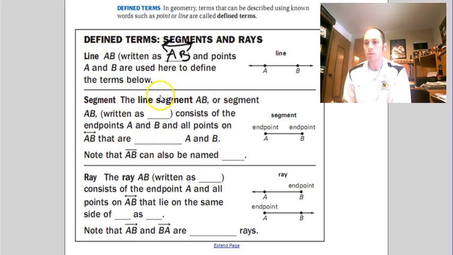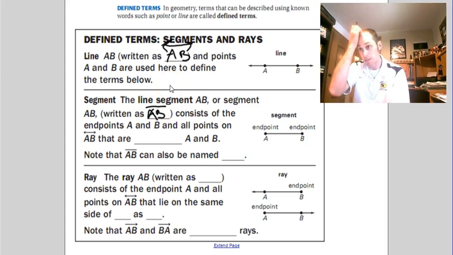But when we get to a segment, you notice that it started and ended at the endpoints, those points. So when we designate it as a segment, we draw that line over the top, line segment AB. Notice there's no arrowheads. It has a starting and a stopping point.